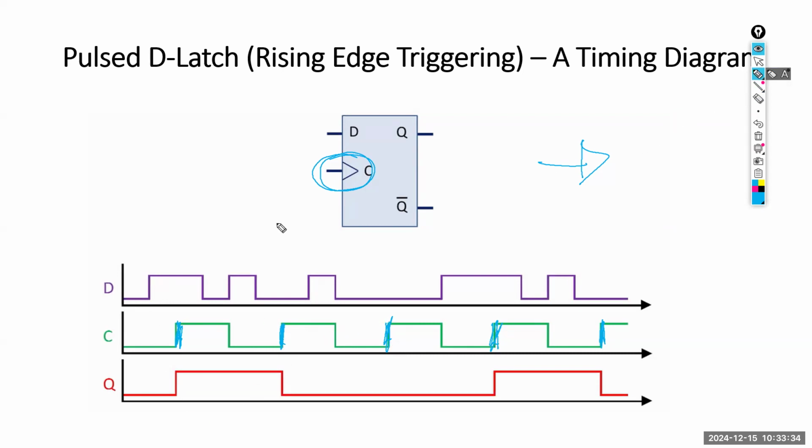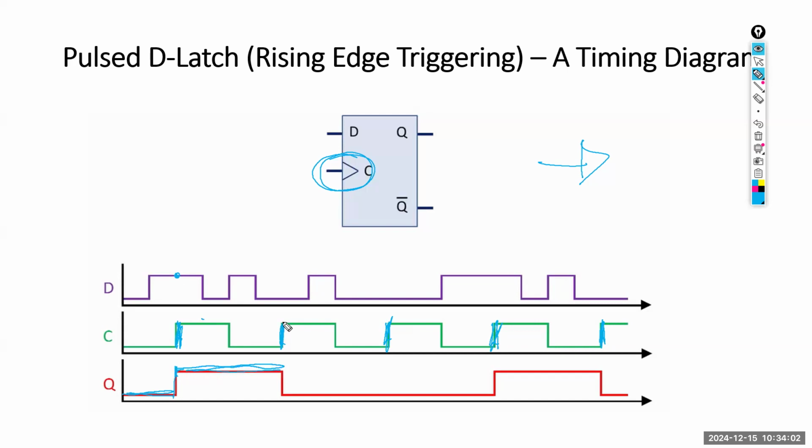How do you get the output? Remember, we can start by saying that our Q is 0 until your triggering point; it's not going to change. Now it's a triggering point. By that time D is 1, so it goes to 1. And then it is disabled again, so it stays there until the next rising edge, whatever it is.